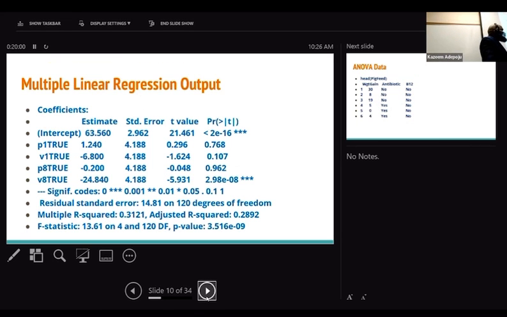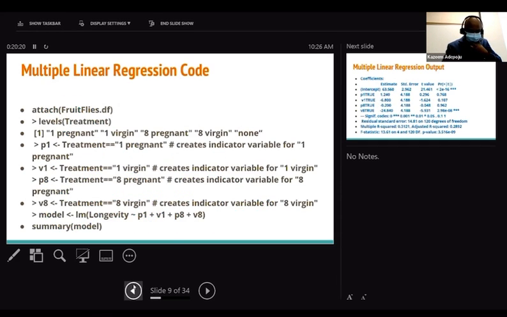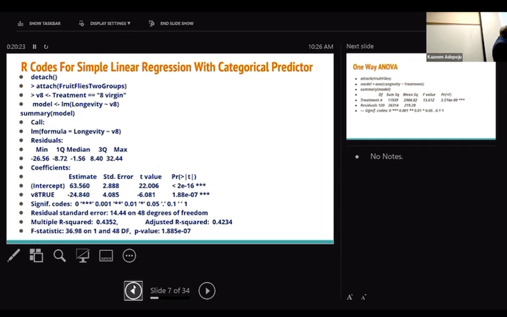This is the result. There's something very interesting that I wanted to say. Tell me, which of these is significant? Just this guy here, right? When we conducted the other one, when we only considered this guy as none, which one was significant? Let's go back. You see, V8 is significant.